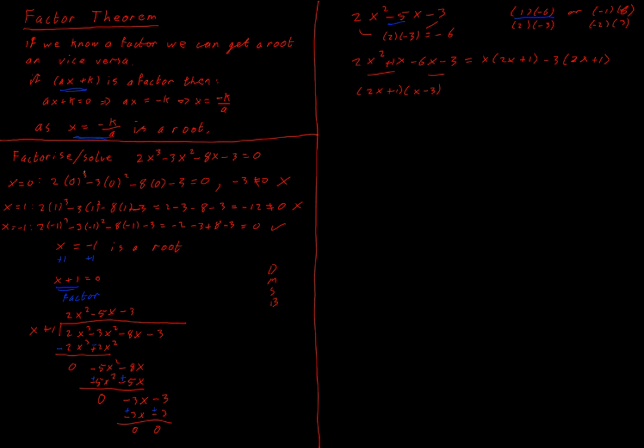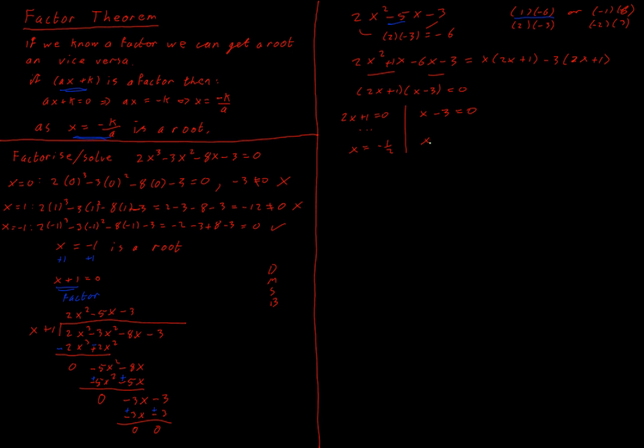Now if I was asked just for the factors, then my job would be done. But if I was asked to solve this, I would set these equal to 0 and I would solve them. And I get 2x plus 1 is equal to 0, or x minus 3 is equal to 0. Rearranging this, which we know how to do, we'd get minus a half.